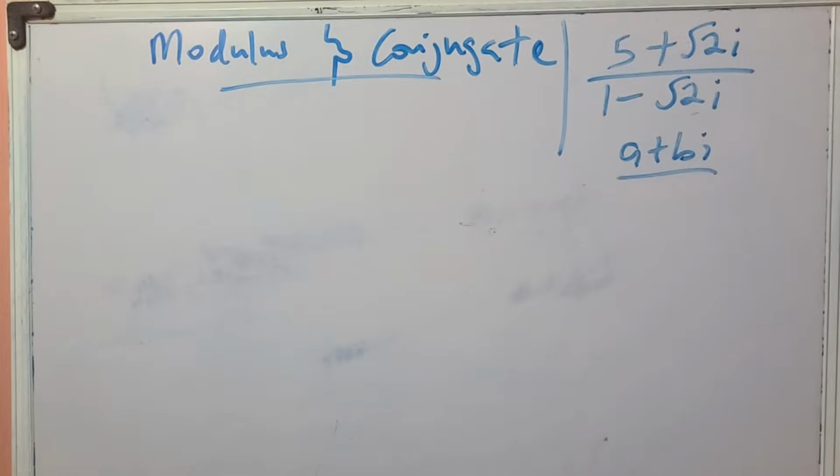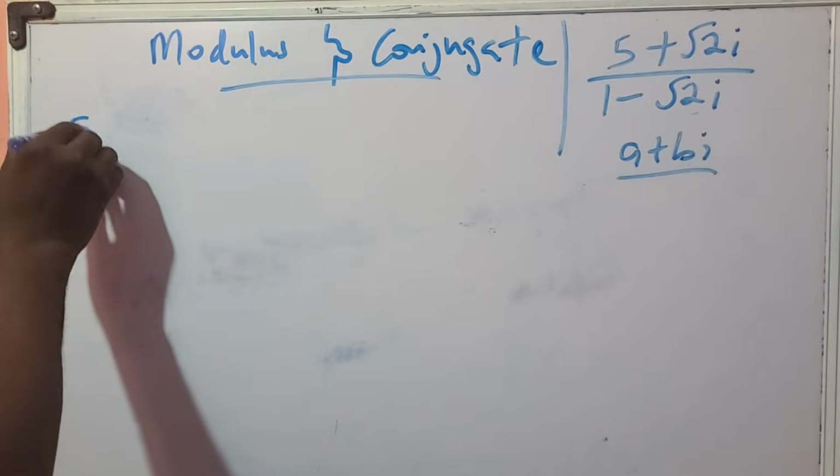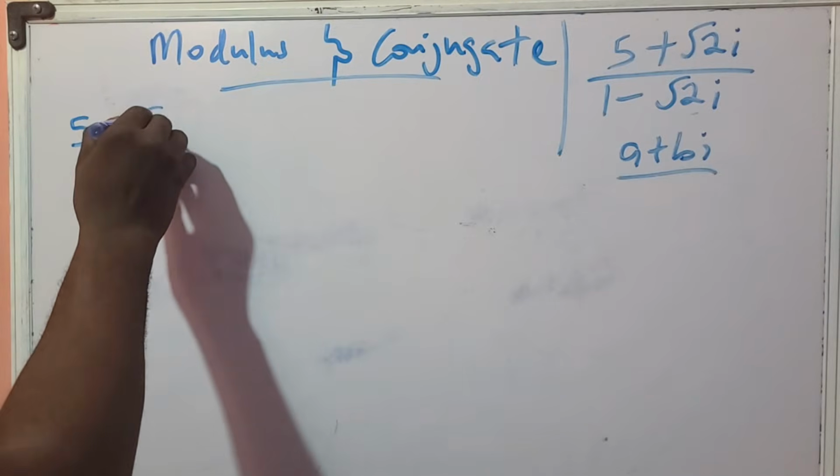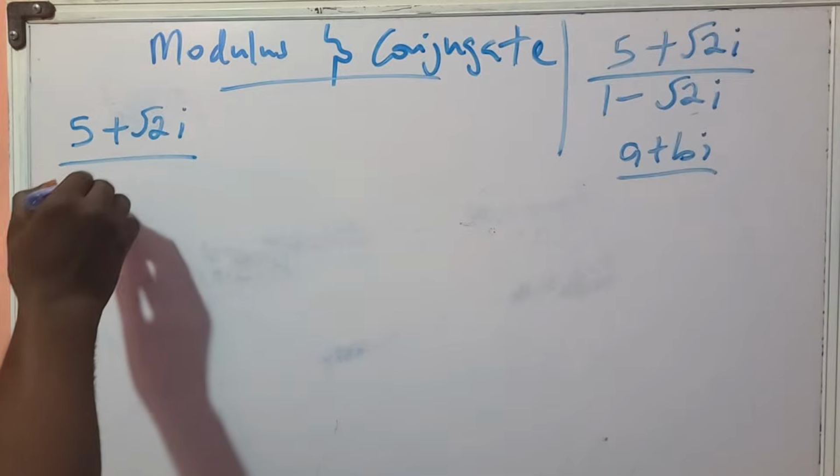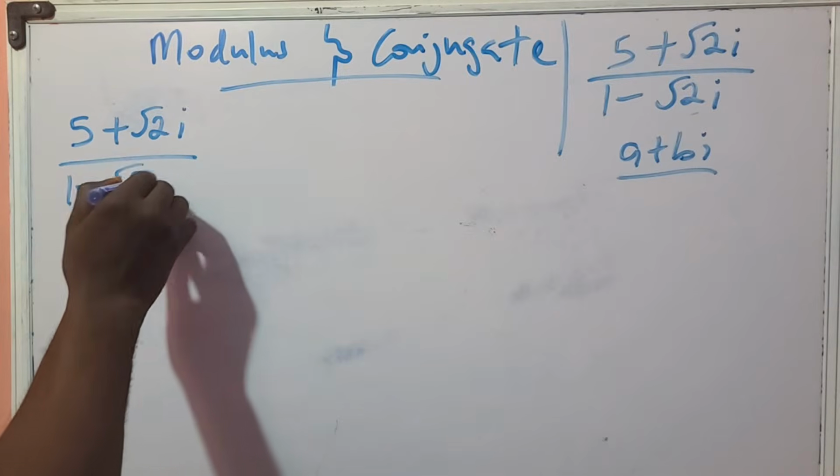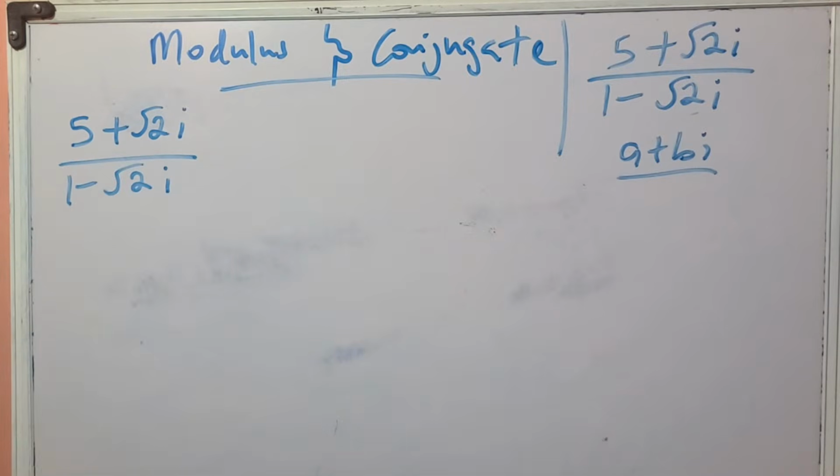All right. So what's your answer for the last thing we just saw? The question I just gave you. So look at it. When we have 5 plus the square root of 2i over 1 minus the square root of 2i, and you're told to conform this to the form a plus bi.